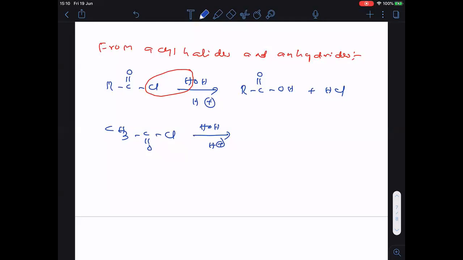As in the previous case, again the same thing: HCl will be removed out. Then what happened here? CH3COOH plus HCl.